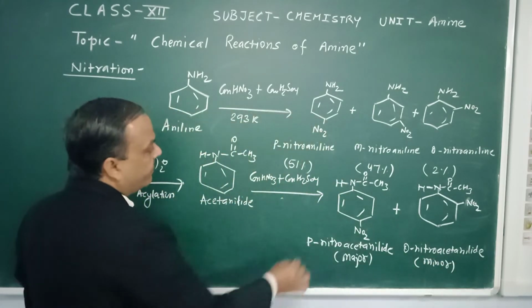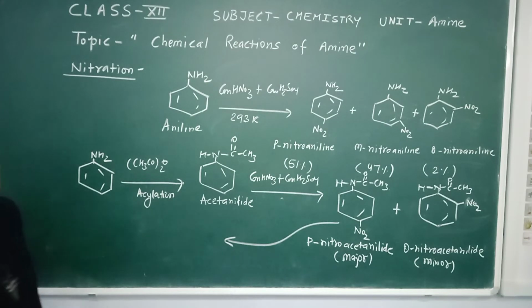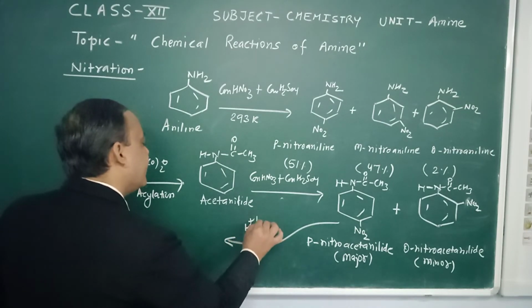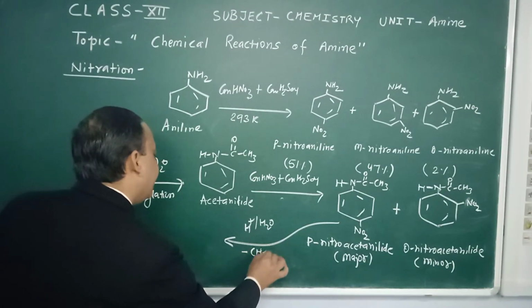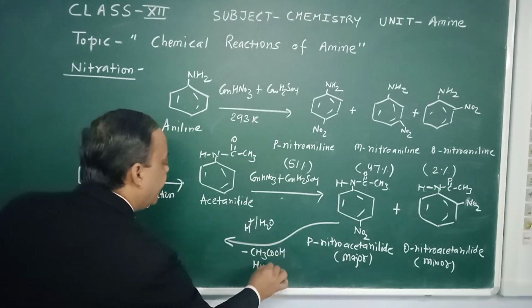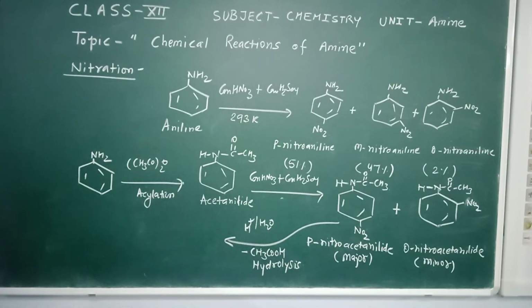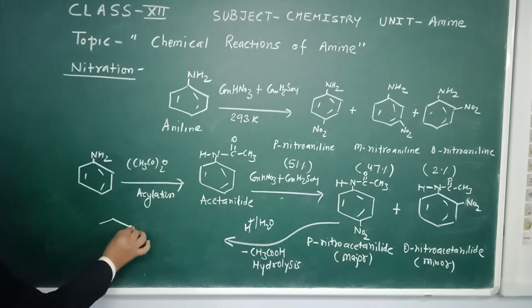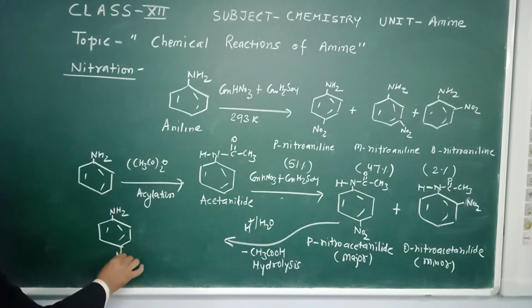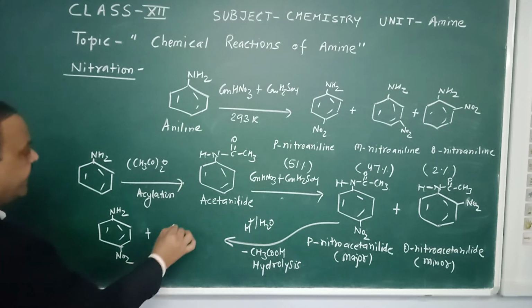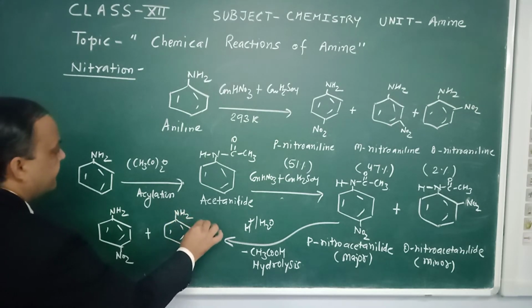When we have the hydrolysis of this para nitroacetanilide, acetic acid is liberated in this hydrolysis process and we get para nitroaniline as a major product and ortho nitroaniline as a minor product.